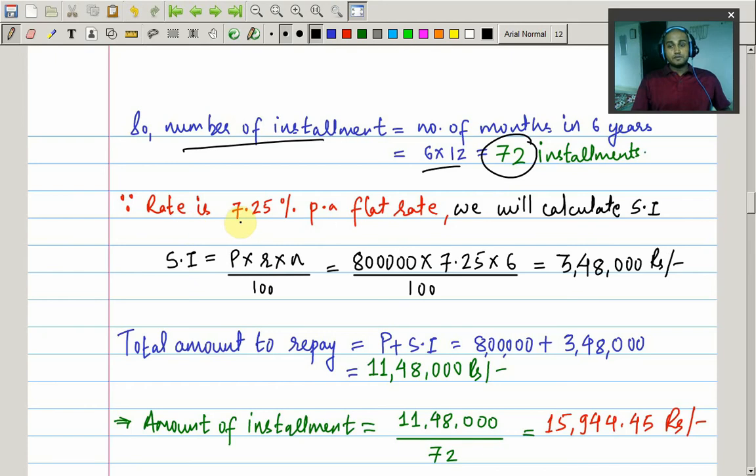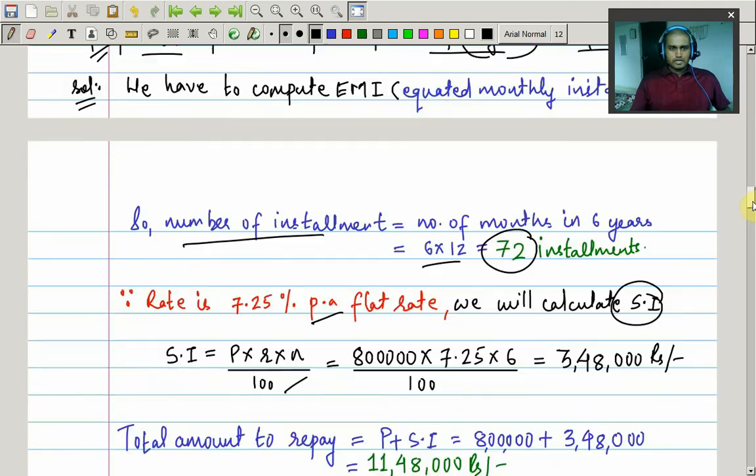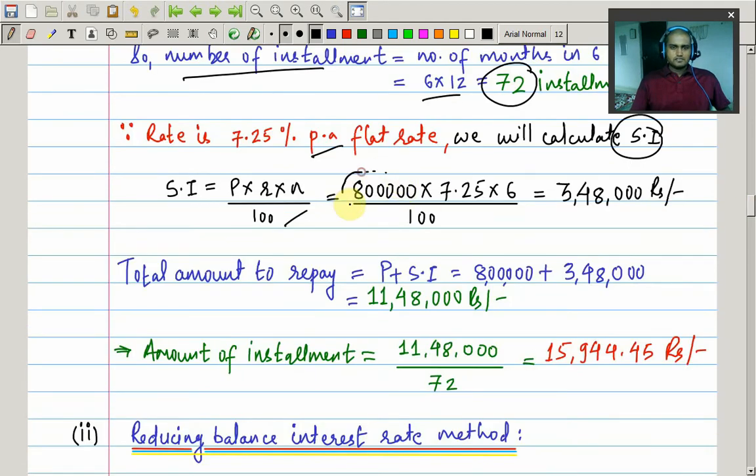Rate is 7.25 per annum, and it's a flat rate. So we will calculate simple interest. This is the formula. So we have borrowed how much amount? 8 lakhs. So 8 lakhs is the principal amount, this is the rate, this is the number of years.